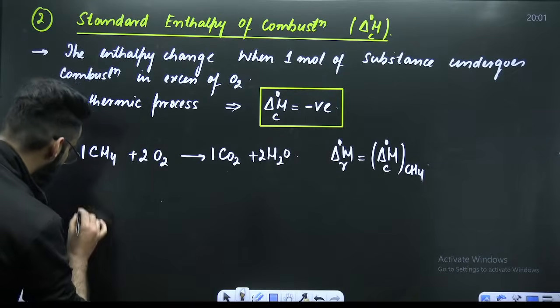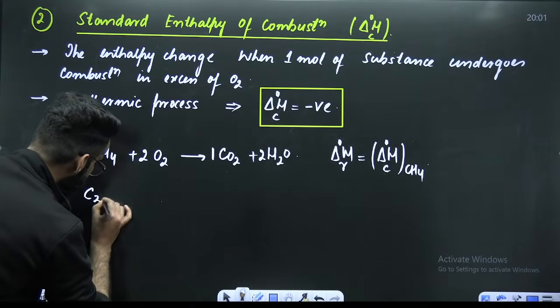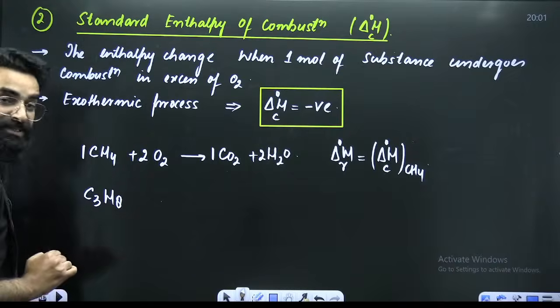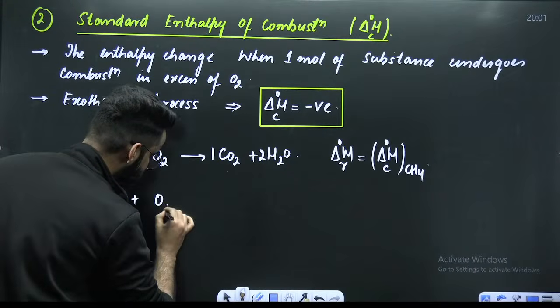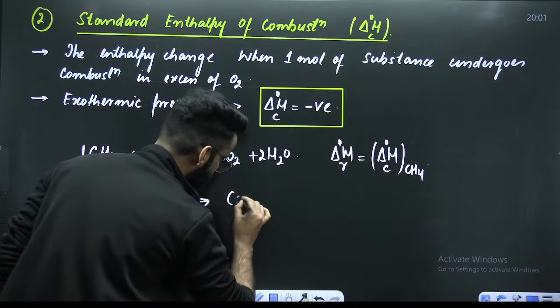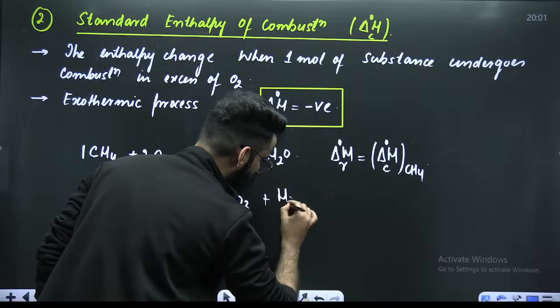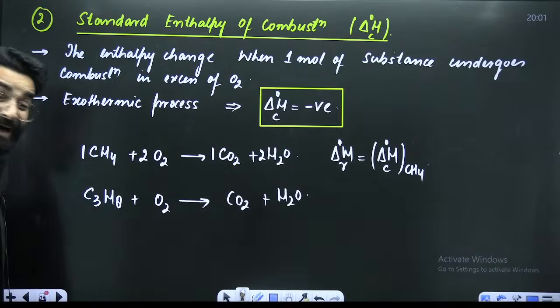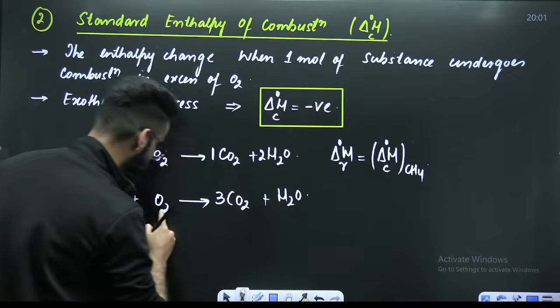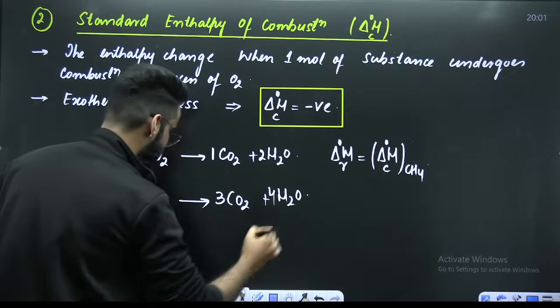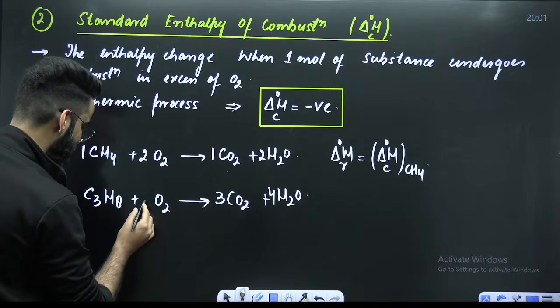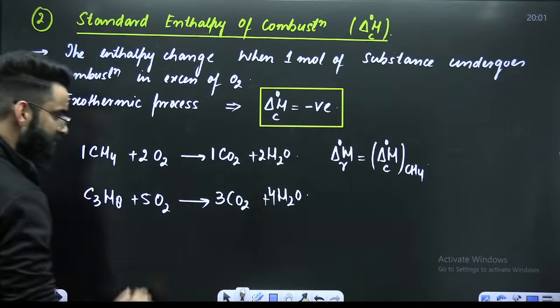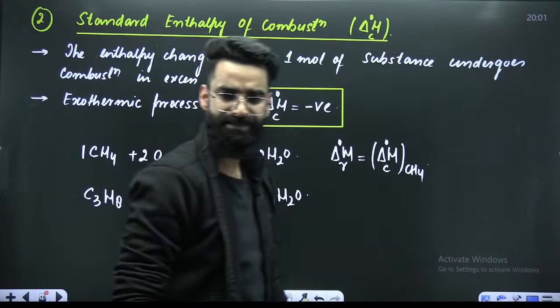For example, I'm taking, let's say, C3H8. I'm doing its combustion. It always leads to the formation of carbon dioxide and water. Balance this reaction. This is 3 times, this is 3 times. Make it 4 times. And make it 5 times. The reaction is balanced.